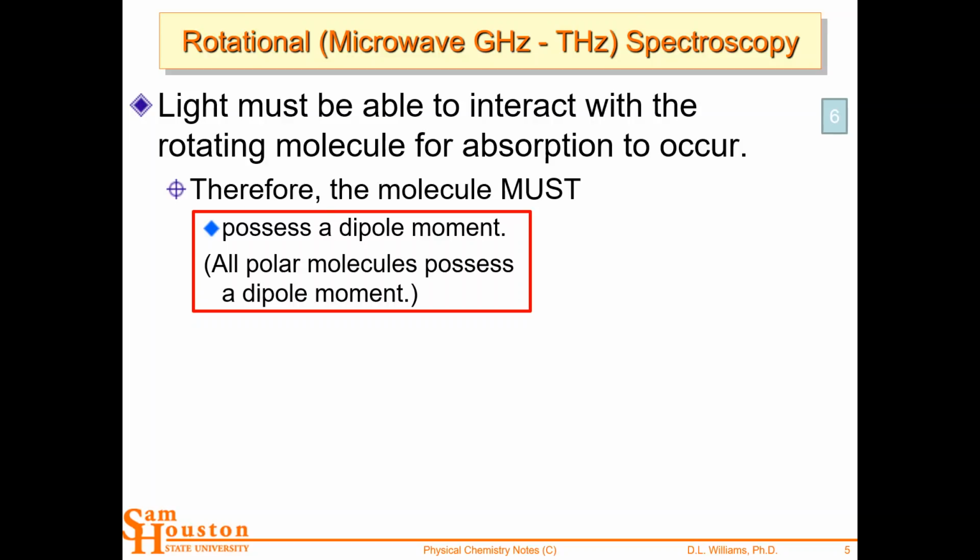If nitrogen and oxygen possessed a permanent dipole moment, life would not exist on Earth. More so, they would let sunlight in, but they wouldn't let the heat escape. So we would have a runaway greenhouse effect. We'd be like Venus. Because our atmosphere would hold in all of that infrared and microwave energy.